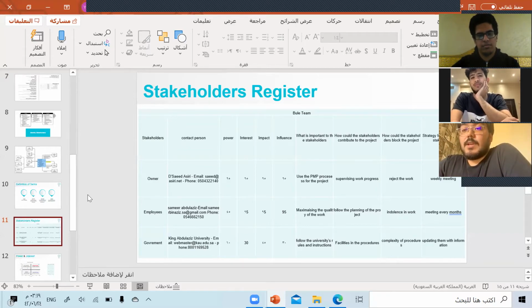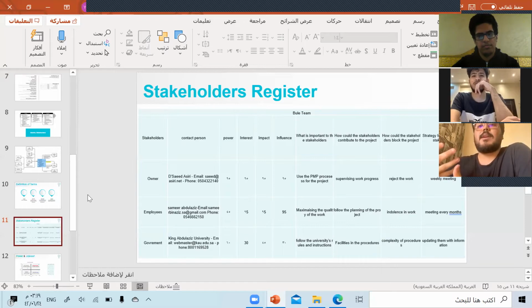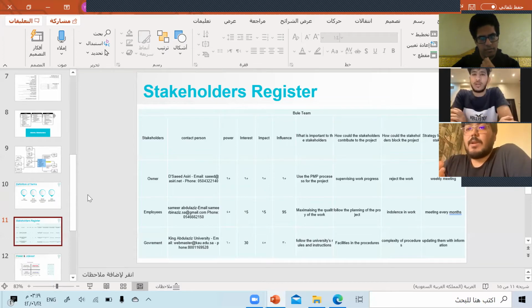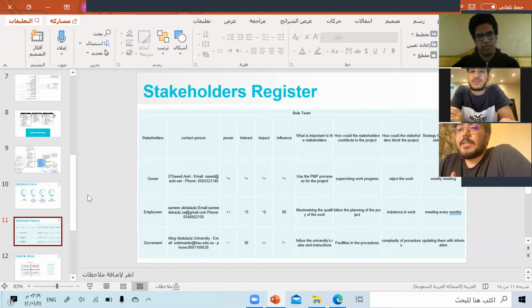The employees have less than the owner because they work in the project and don't have the power that the owner has. These values we put from our own judgment, and that's all about this project.